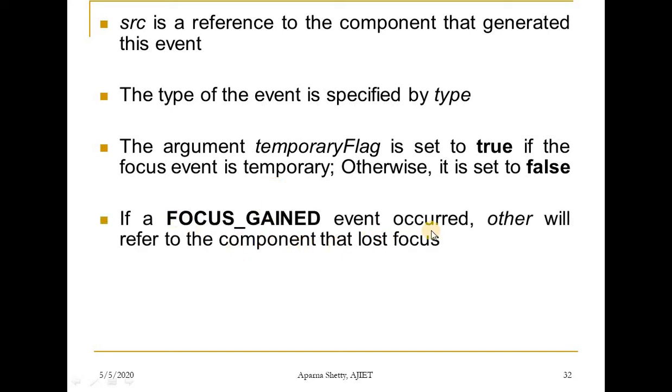If a focus gained event occurs, other will refer to the component that lost the focus. So when one component gains focus, the other component which had previously had focus will lose focus. Suppose I bring one window into focus, one more window will go behind, right? One more window will lose focus. So if a focus gained event occurs, then other refers to the component that lost focus.